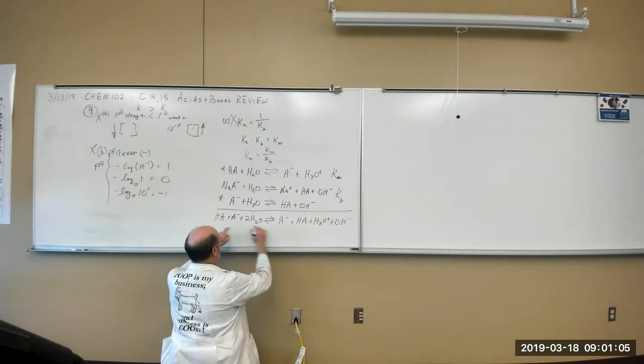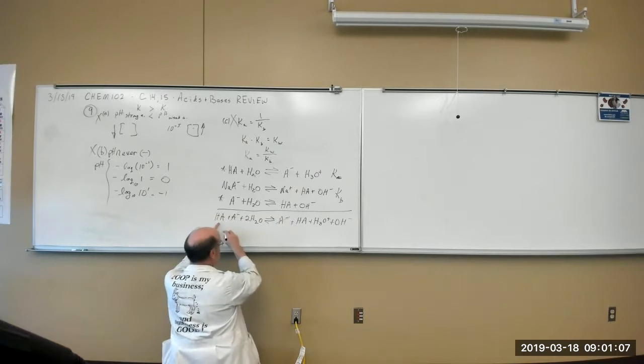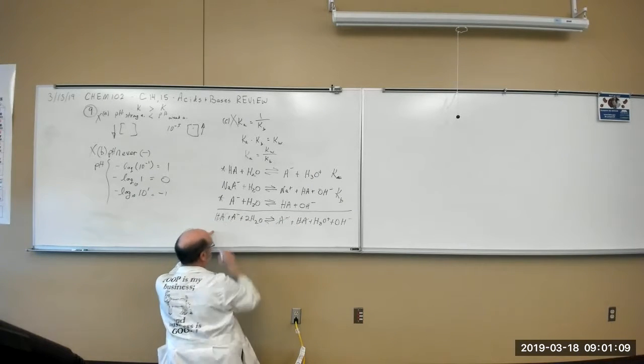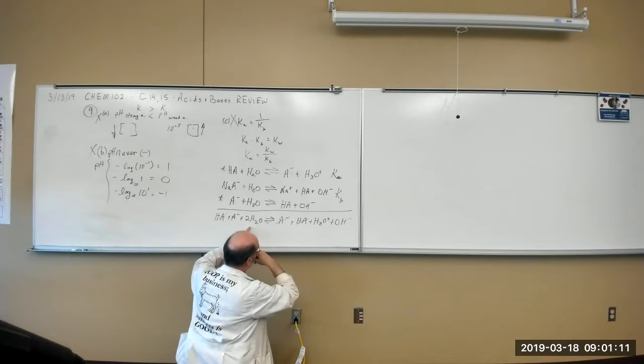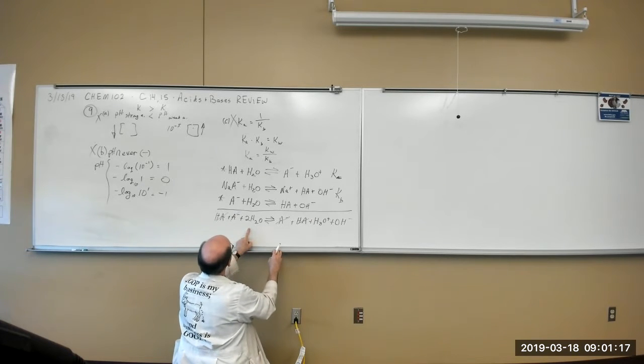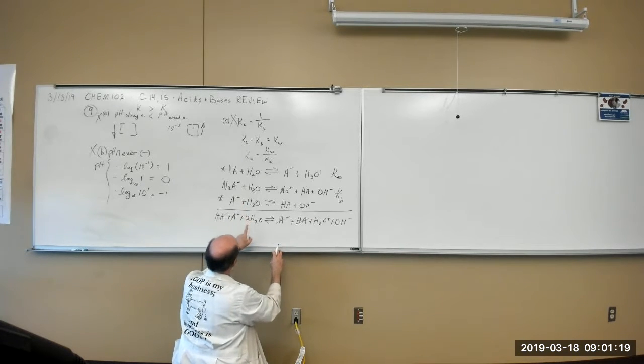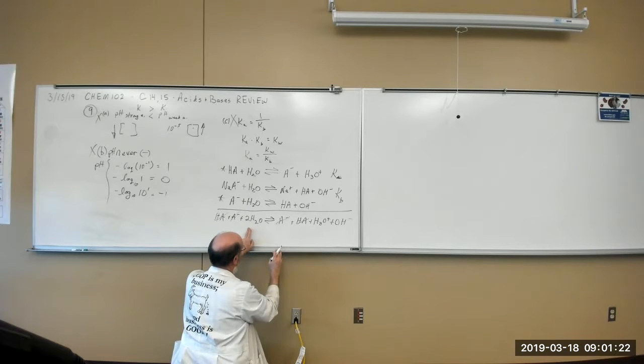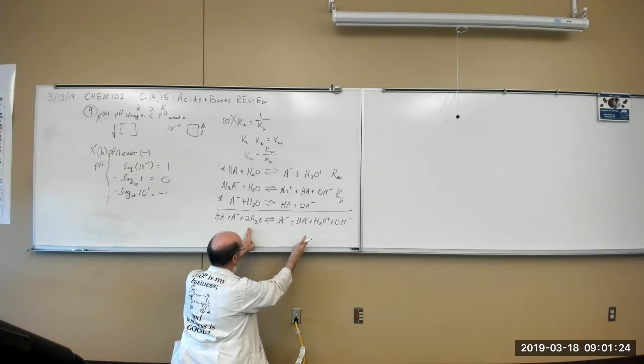We've got A minus on both sides. We've got HA on both sides. We've got 2 waters. How did I get 2 waters? I added that one and that one. So 2 waters. So H3O plus. There's another H. Yeah, that's right.